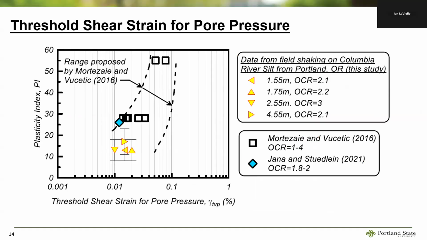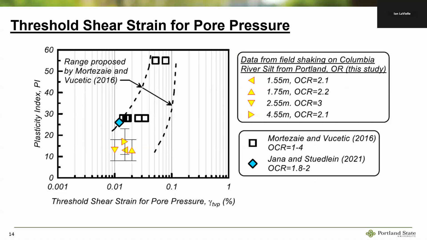So Professor Vucetic and Mortezaie in 2016 updated their model for the threshold shear strain for pore pressure versus PI. They came up with these dashed lines. Armin and his team had a point from the 2021 data that falls right here.